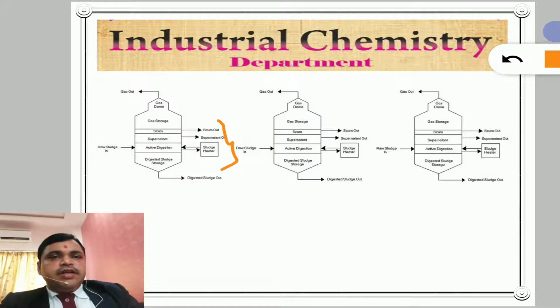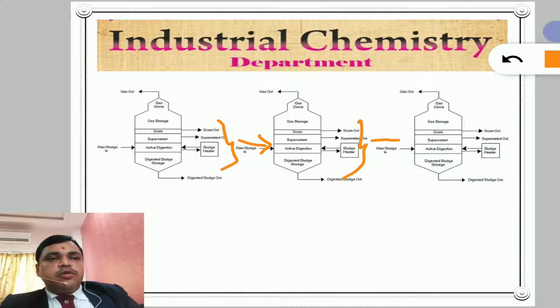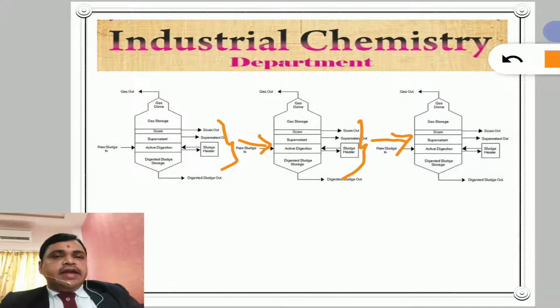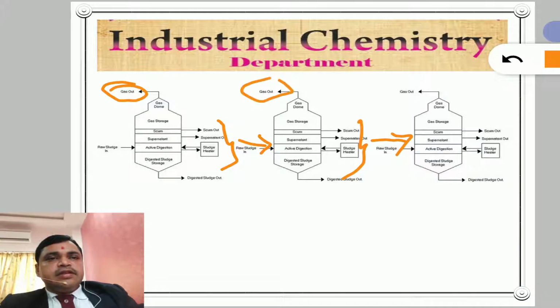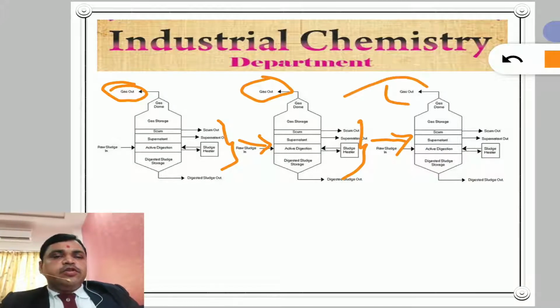In the first figure, the output material is charged into the second, and the second's output is charged into the third, and we arrange the digesters continuously. And for continuous gas production, we get gas continuously in the batch type arrangement also.